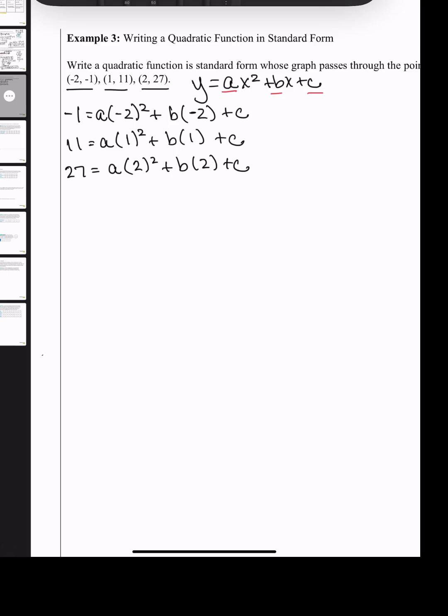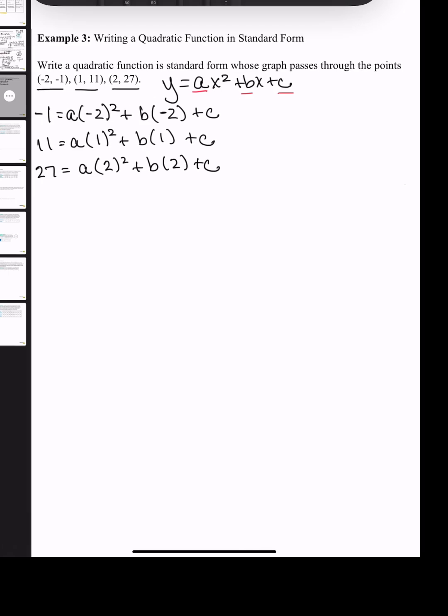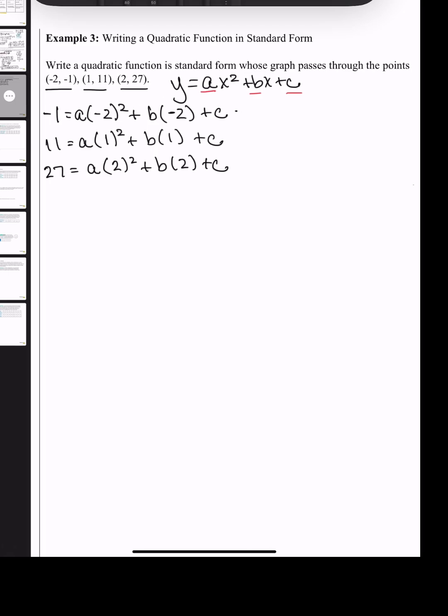I'm going to now take each one of these equations and simplify them. I'll go over here to the right. So my first equation becomes -1 equals, now -2 squared, well, that's 4, so that's a 4a minus 2b plus c.